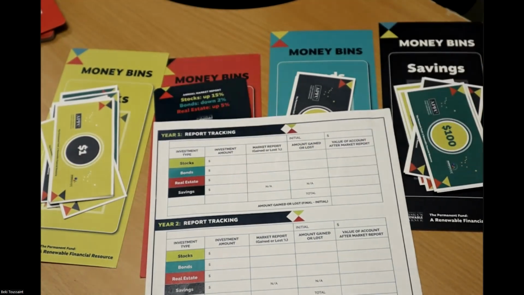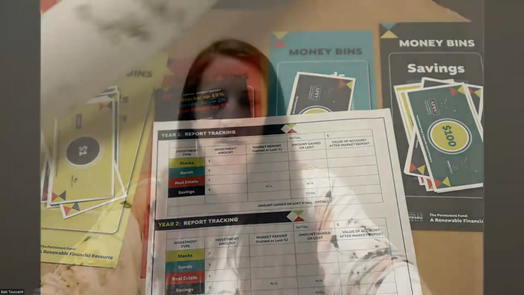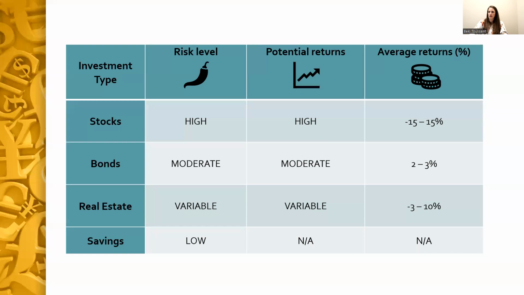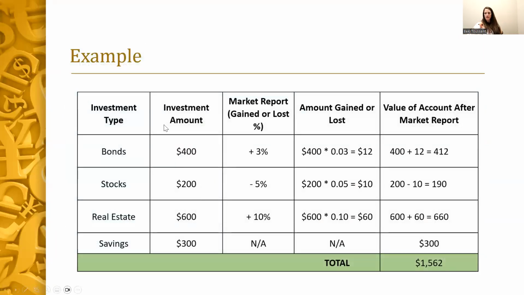Okay. So what that looks like, and we can share our screen again so you can see that, is if I had invested $400, my market report was up 3%. I'm going to do that math and have a new total. Okay.